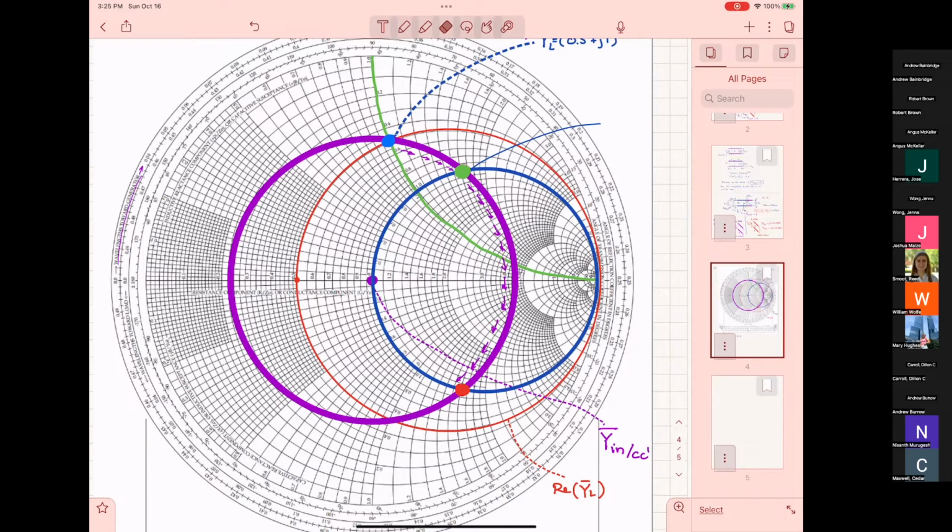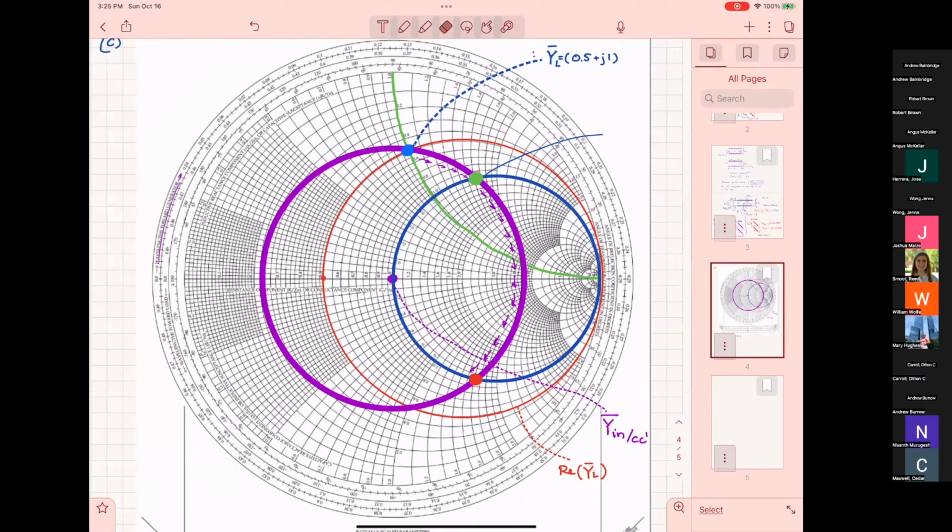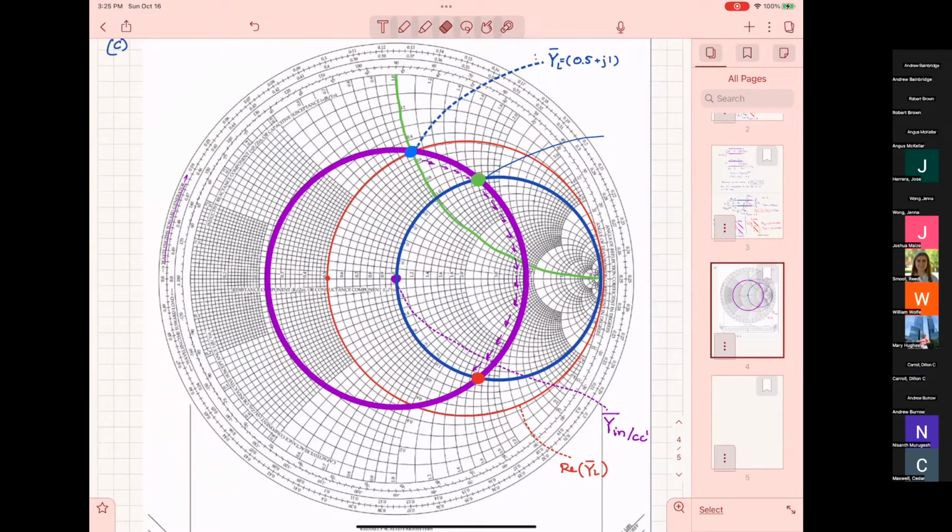Now, either the green or the red are possible solutions. We are not ready to select one yet, because at this point I give you access to either of the two.